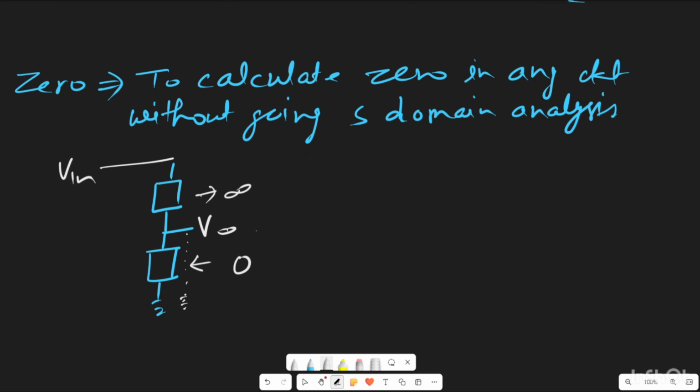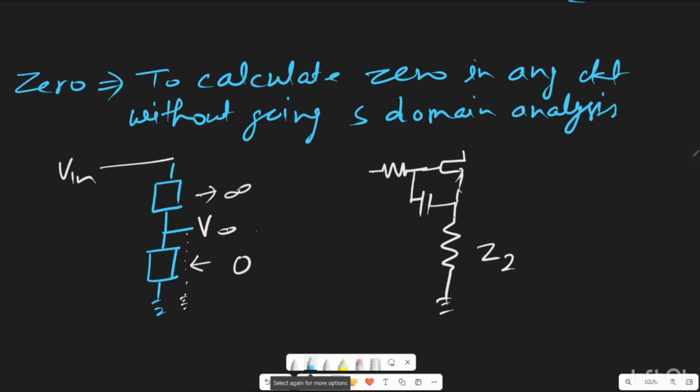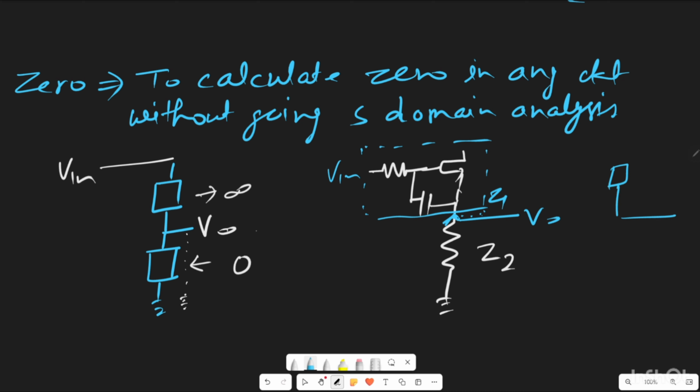Now to break our given circuit into this form, we will make it a voltage divider, where this is our Z2 and, because the output is here, this complete part from here is our Z1. So if we see from here, it is simply Z1 and Z2.